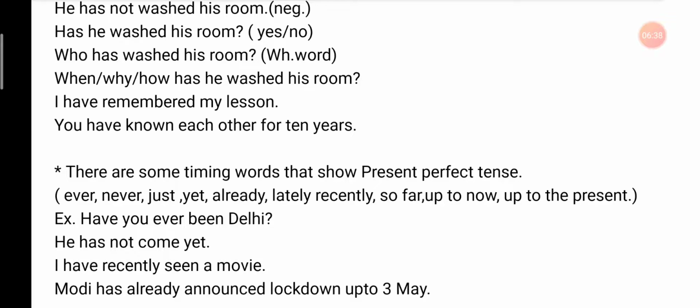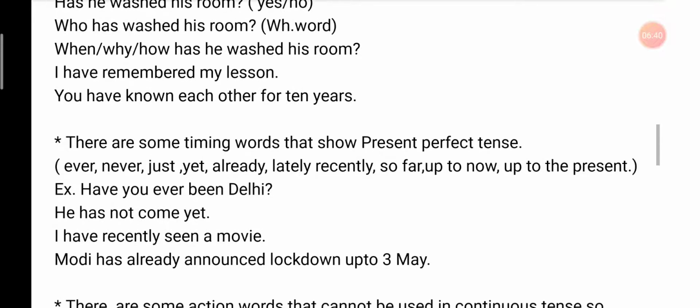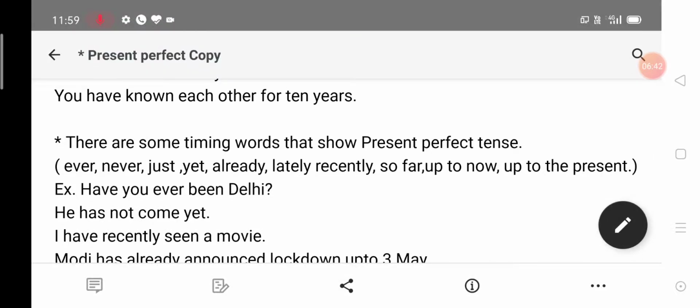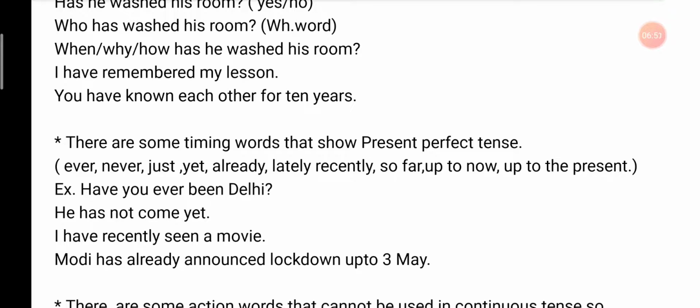But if for and since are given in the sentence, we will use present perfect tense.